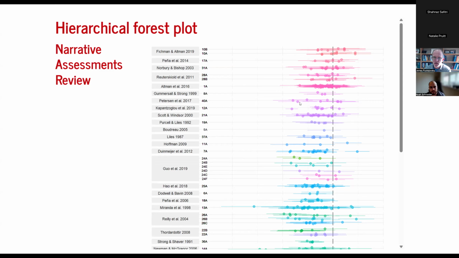So the correlated part has to do with the correlation between the effect size estimates, which is a little bit hard to see in these tables. The hierarchical part, though, I think is pretty clear.